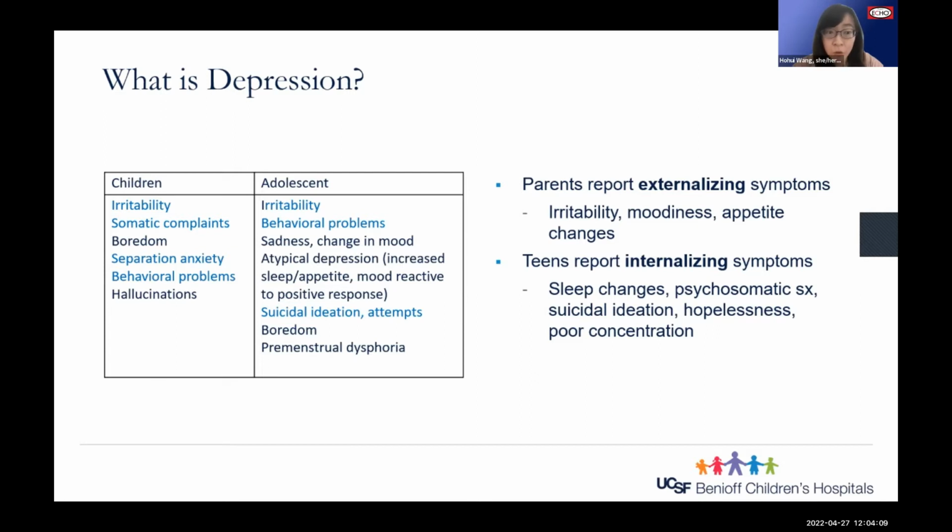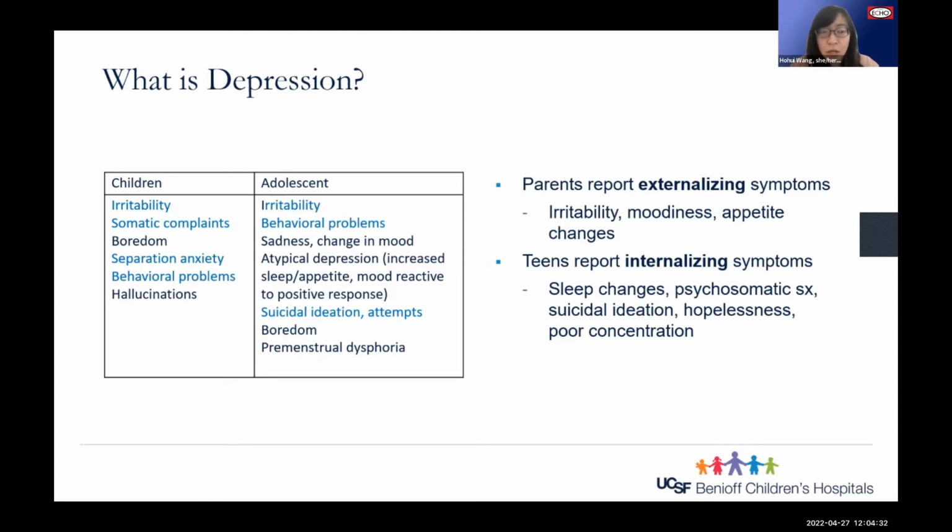There are also behavioral problems for teenagers, which could be decreased engagement in school and poor academic performance. So when your patients who are children or adolescents present with symptoms that are not typical of adult depression, the presentation might not be similar to adult depression.